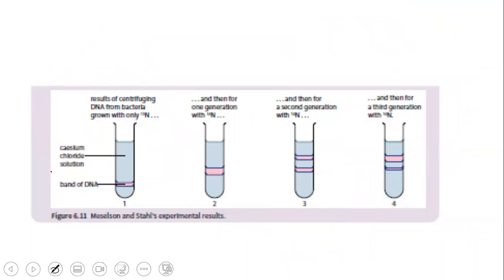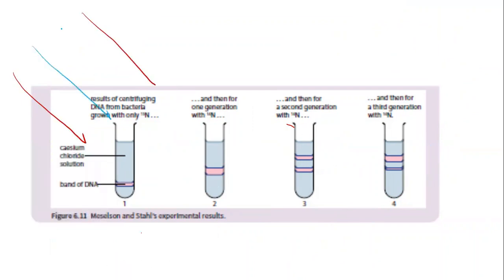What they saw was that when we did the first replication, we only got one band in the middle. Let's see how that happens. This is our DNA and this is the copy.